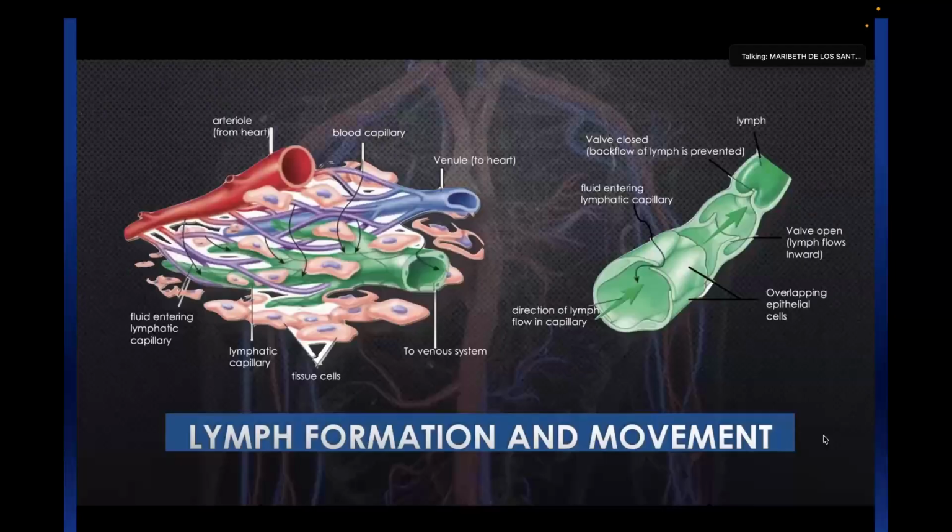Fluid moves from blood capillaries into tissues and from tissues into lymphatic capillaries to form lymph. The overlap of epithelial cells of the lymphatic capillary allows fluid to enter easily but prevents it from moving back into the tissue. The valves located farther along in lymphatic vessels also ensure one-way flow of lymph.